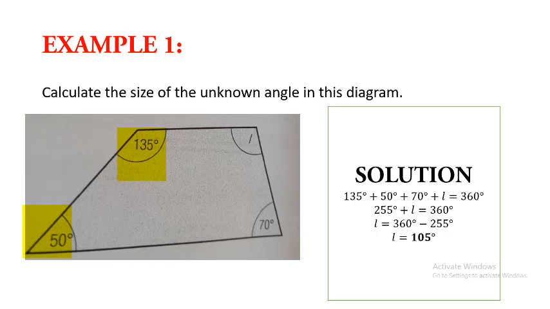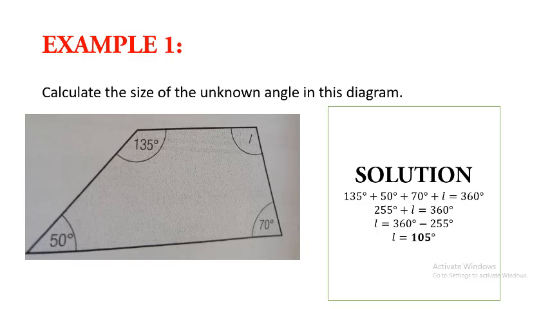Another angle we have is 50 degrees. And another angle is 70 degrees. And another angle is unknown, which is represented by letter L. So here our work is to find the size of this unknown angle represented by L.